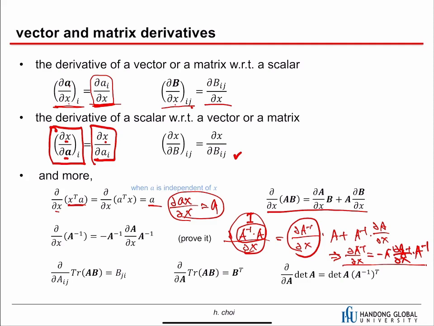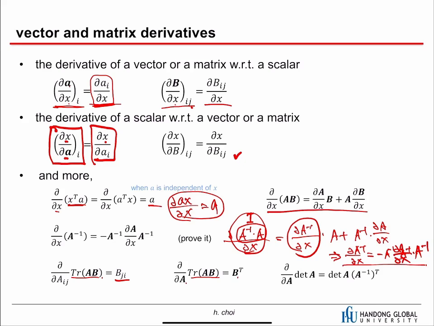Okay, and then we can take a derivative of the trace operator with respect to A, then we get B_ji, so it's kind of a transpose. And we can take a derivative of the trace of A times B with respect to A, then we get B transpose.